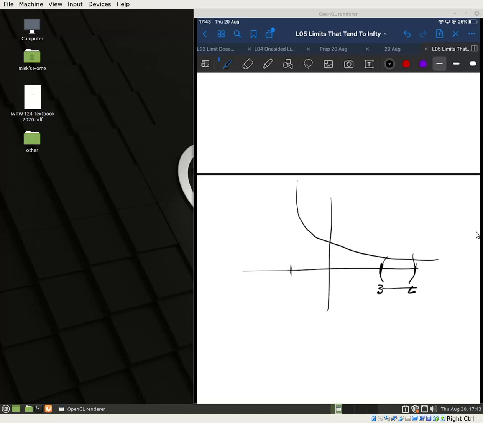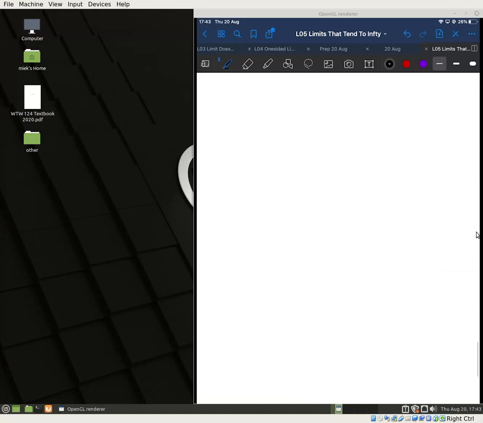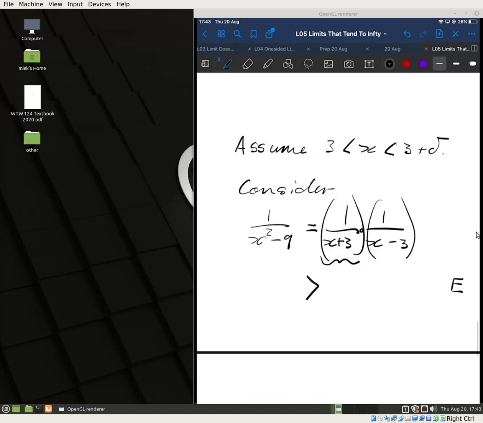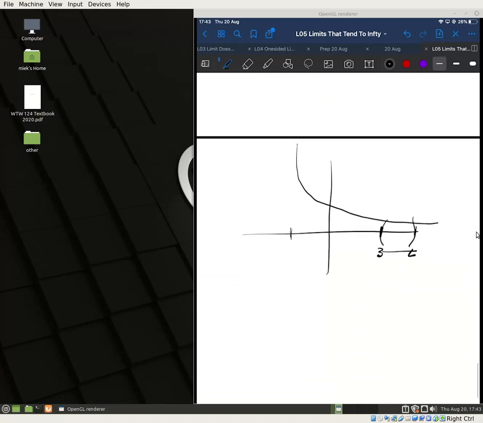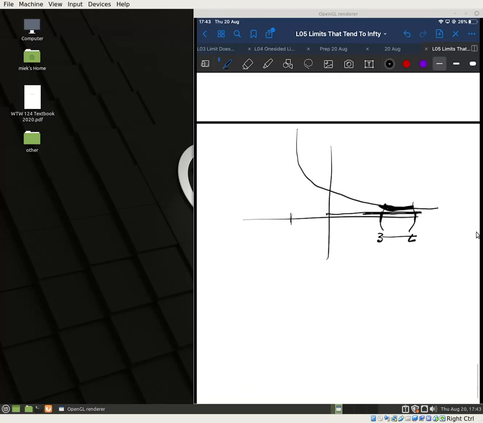And we want to have this expression larger than some constant. So we want to find a constant on this interval, for example like so, so that the graph always lies above that. Okay, so how will we do that? We restrict ourselves to the interval 3 to 4.